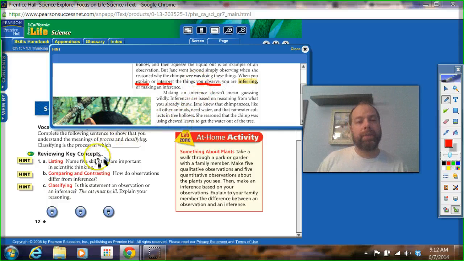So the difference between observations and inferences: observations are things you see, hear, touch, taste, feel, and inferences explain what you see, what you hear, what you taste, and what you feel. Observation is what you see. Inferences are explanations based on what you see, taste, touch.